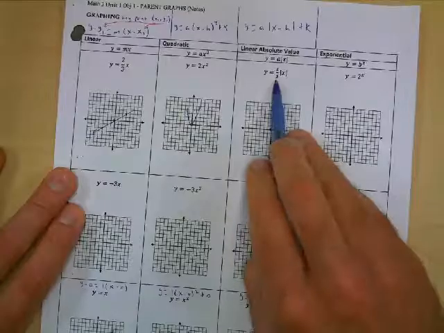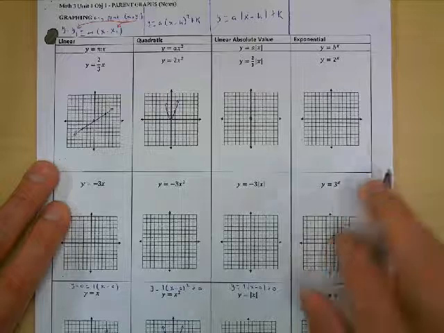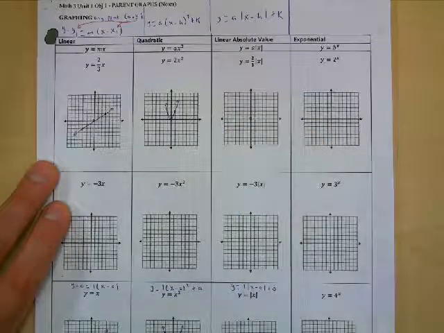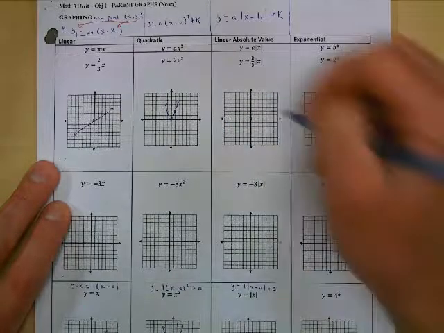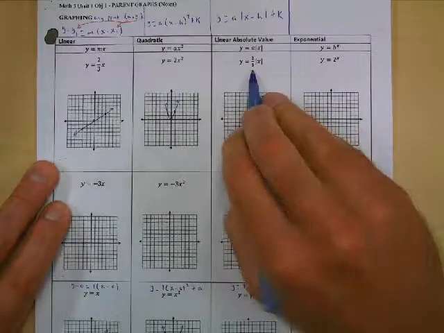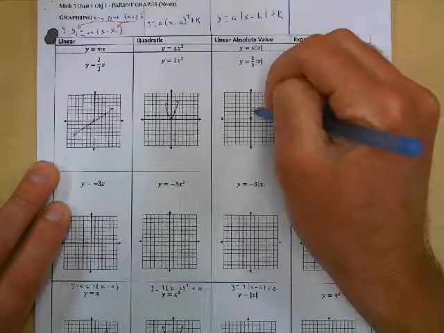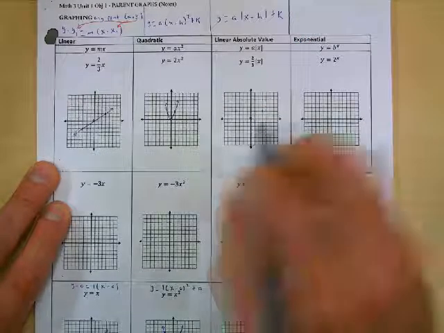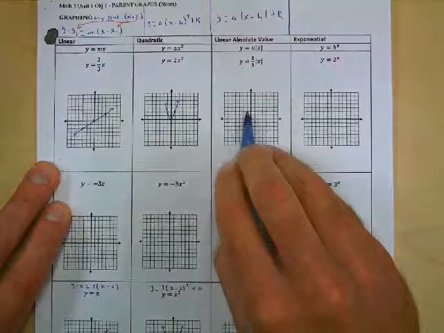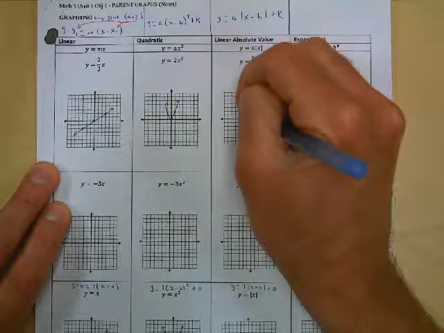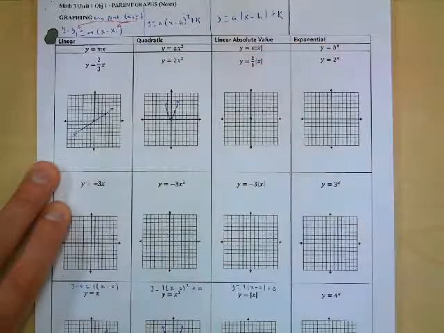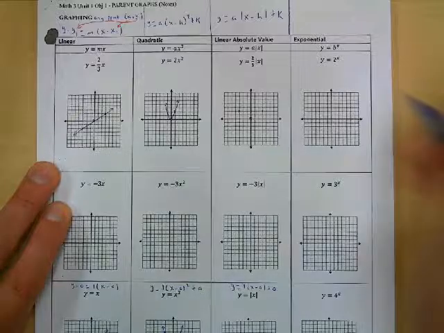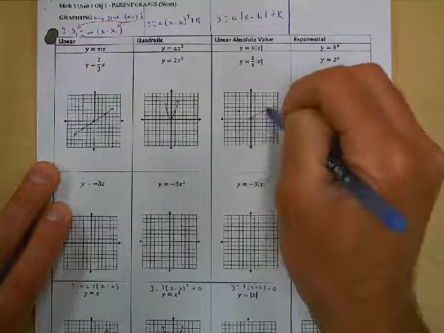This a value just changes it a little bit. Since the a value is positive, it's opening up just like the parabola was. And we can literally just use this as the slope. We're going to go up 2 and over 3. That's going to be one part of our V. And then we can go up 2 and over 3 in the other direction. That gives us 3 points, which we can then use to graph.